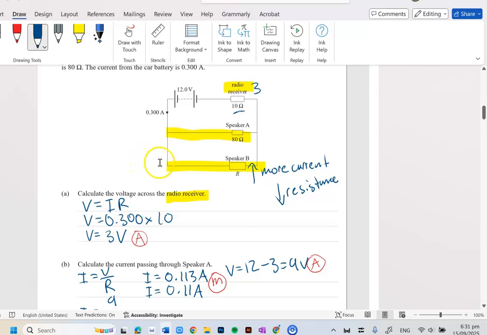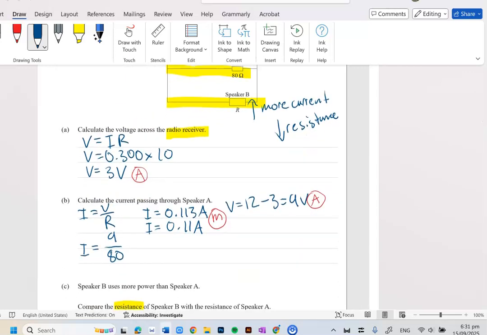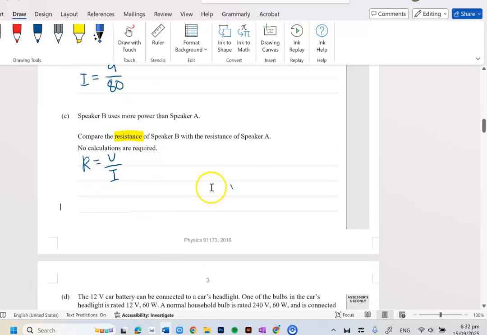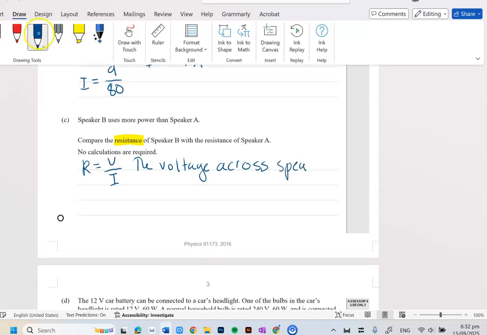So, we can write something like this. The voltage across speaker A and B is the same.